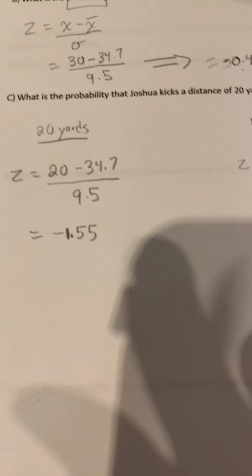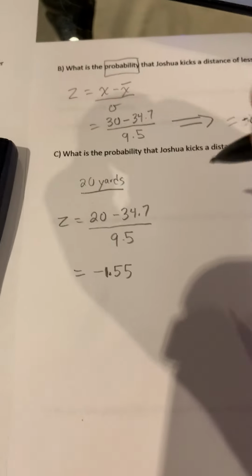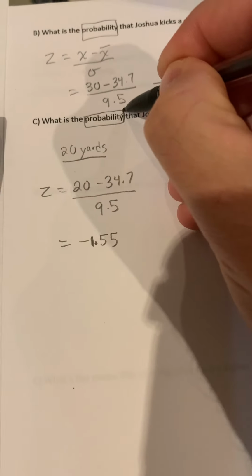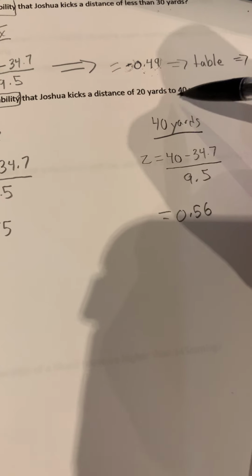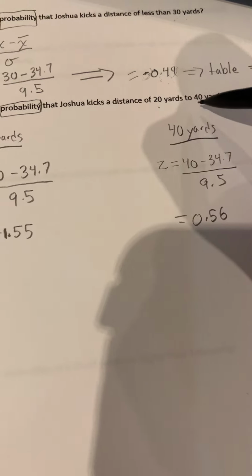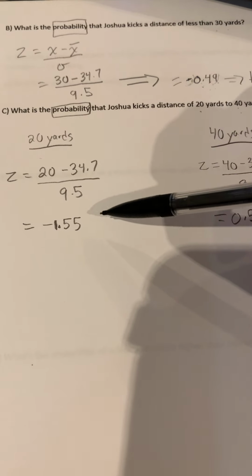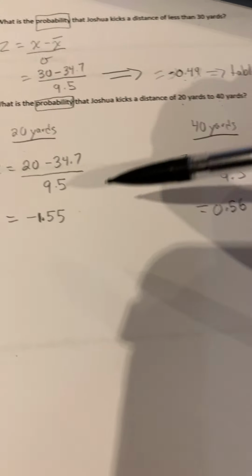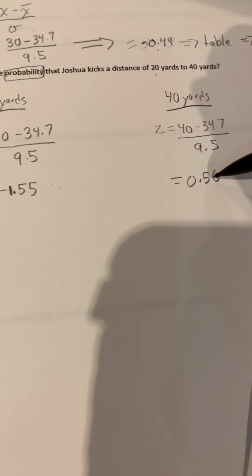Okay, so whenever they ask for the probability again, we're going to the Z table, and we're given 2 values, so we're going from a range of 20 to 40, you need to do 2 Z-scores. You need a Z-score for 20 and a Z-score for 40, and I'll show you what happens.